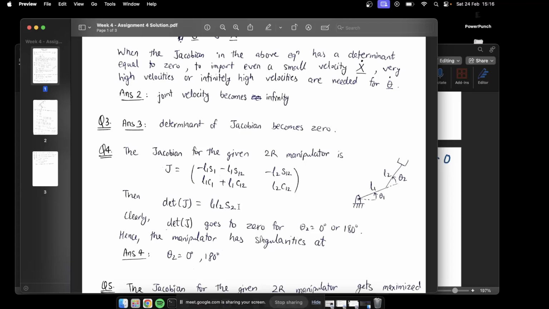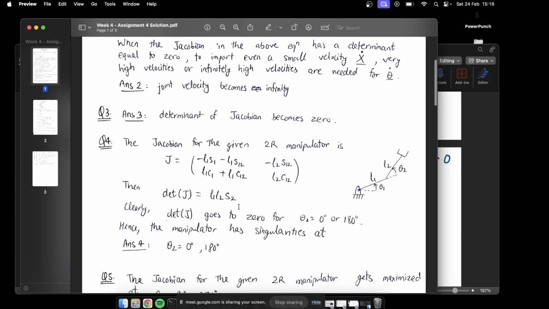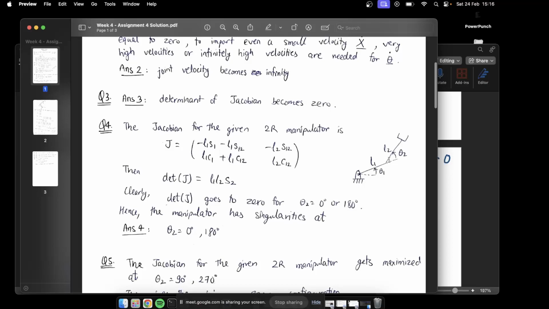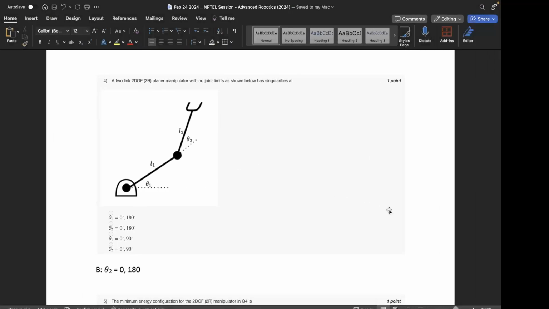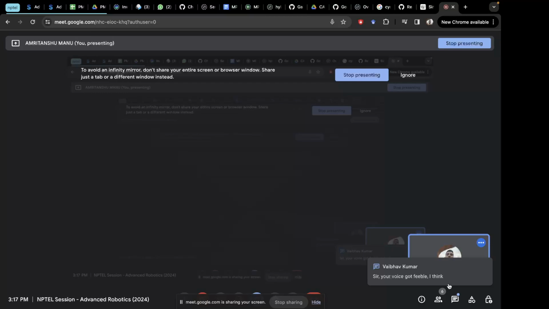So it goes to 0 when sine of theta 2 goes to 0, and sine of theta 2 goes to 0 for theta 2 equal to 0 or 180 degrees. Those are the configurations in which the 2R manipulator is singular. Physically, as you will remember, it corresponds to the arm fully extended and the arm fully retracted position. It can't reach beyond that, and it can't reach any closer.